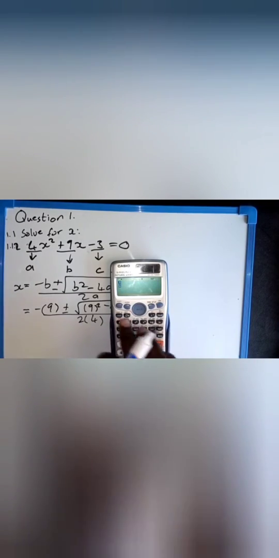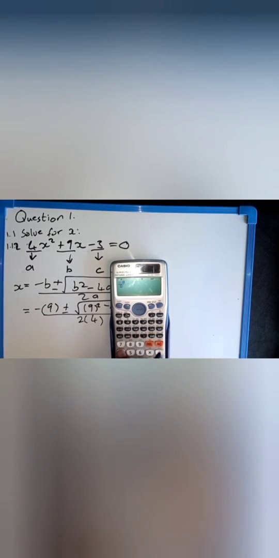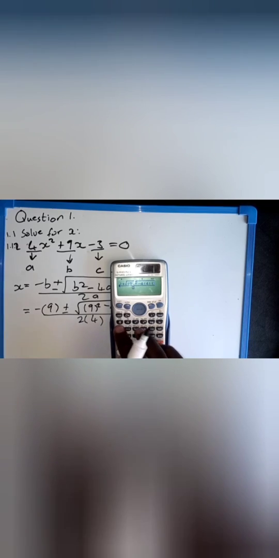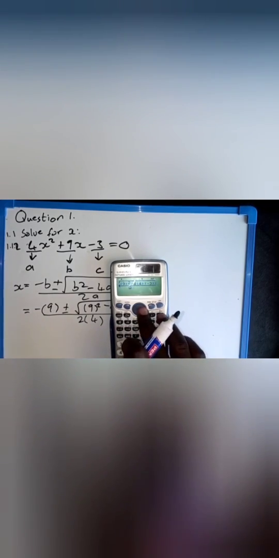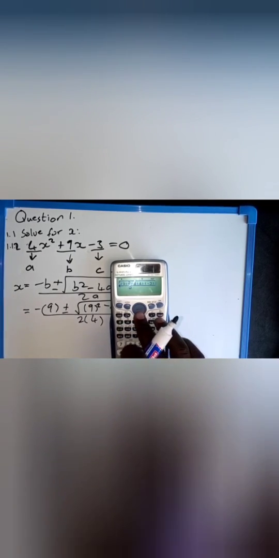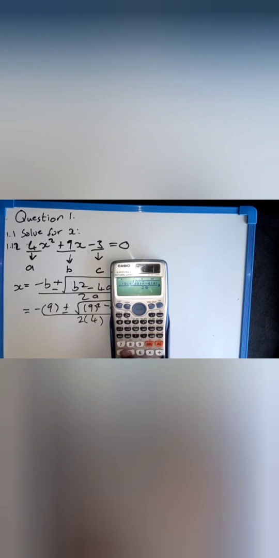Then we've got minus 9 plus square root of 9 squared minus 4 times 4 times negative 3, divided by 2 times 4.